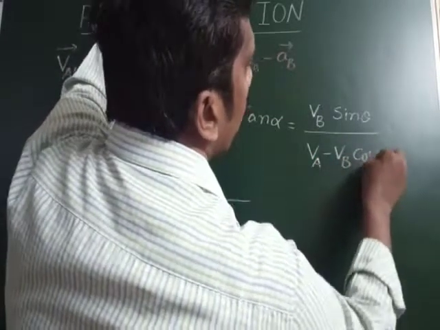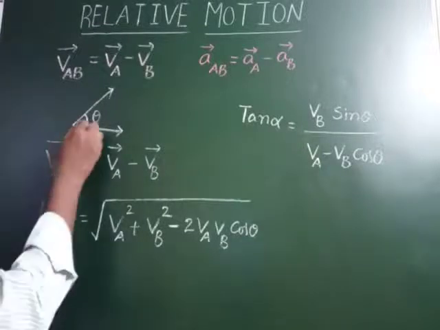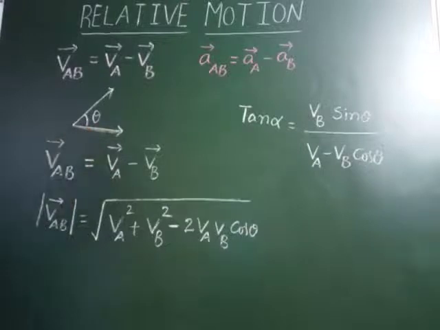Using this formula, we can get the resultant direction. So here, this resultant makes an angle with VA. This is the formula to find the resultant direction and magnitude of relative velocity if they are making a certain angle.